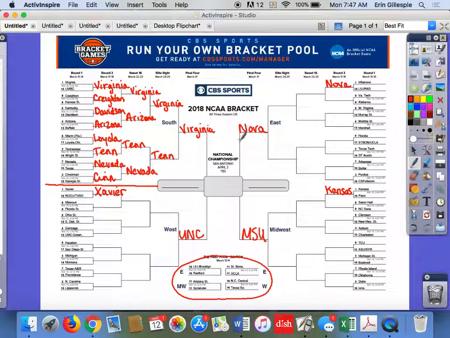So between these two teams, Villanova and Michigan State, whoever I think is going to win, I would write right here. Between these two teams, Virginia and North Carolina, whoever I think is going to win, I would write here. And then my ultimate champion, so these two teams would be in the championship game on April 2nd, I would write here. Now, I'm not saying that's actually how my bracket's going to play out. I haven't actually filled out my bracket yet, but just to give you guys an example, okay?